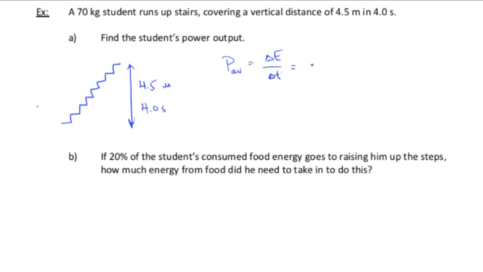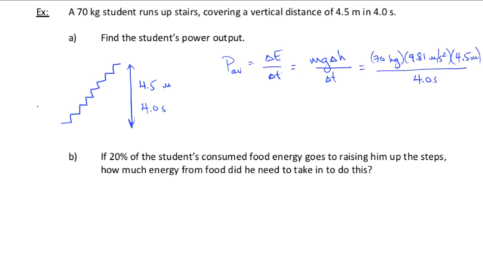And this is just another bit of practice at what we saw already, because if they run at constant velocity, their change in energy is just their change in gravitational potential energy. So similar to before, we multiply their mass by the acceleration due to gravity, multiplied by the change in vertical displacement, and we divide that by the time.